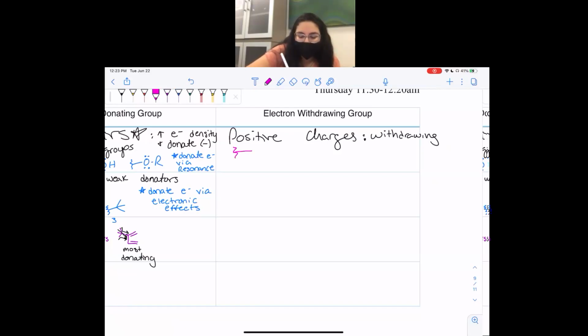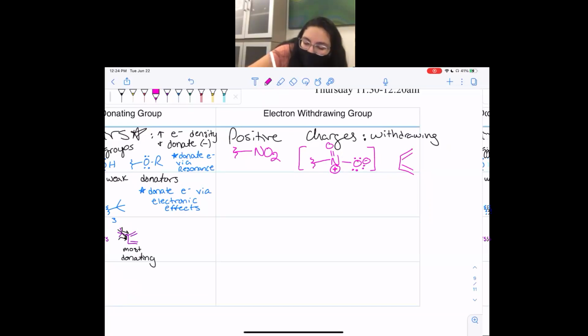Okay, so if we have NO2, we know that NO2 looks like so, right? And you might think, hey, Rosemary, that's a negative charge. Yes, but this nitrogen has a positive charge. And if we draw out the diene, we can see the squiggle goes to the nitrogen, right?